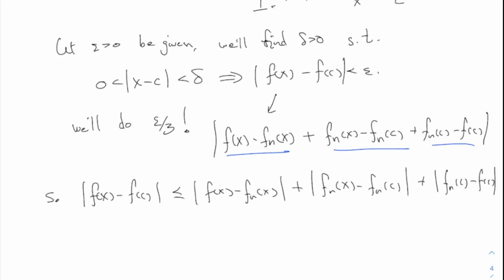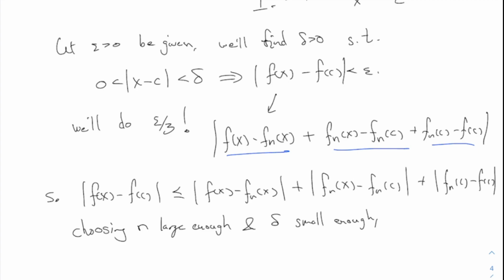And now, why must each of those three parts be really small? Is it true that we can make the first one smaller than anything? Well, if we choose n large enough, then this can be made less than epsilon over 3 because fn converges to f. So, choosing n large enough and delta small enough, I have to tell you why each of these three parts can be less than epsilon over 3.